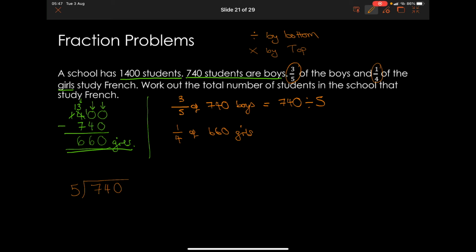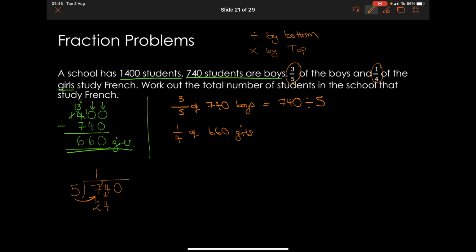How many 5s go into 7? That's 1. And we've got a remainder of 2 because we've got 7, not 5. So I can either put my remainder there to make it 24, or I can put my remainder down there and bring the 4 down. Okay? It's up to you.